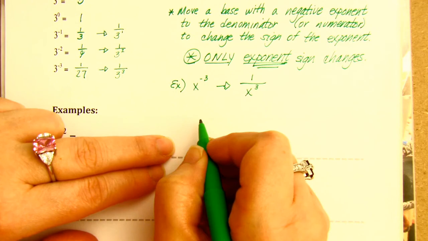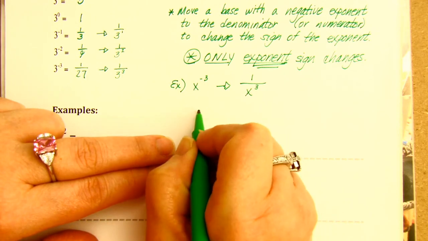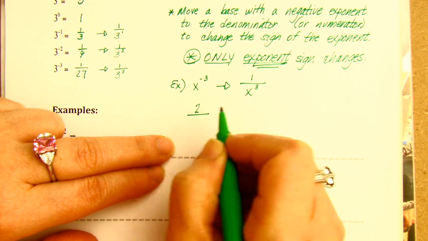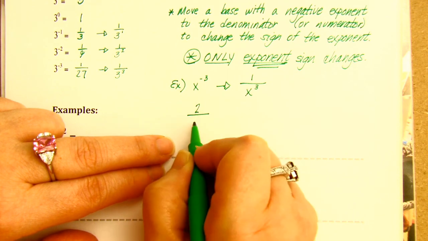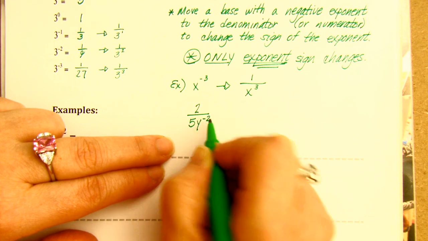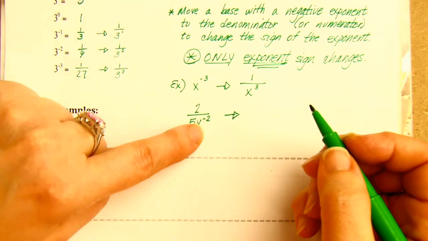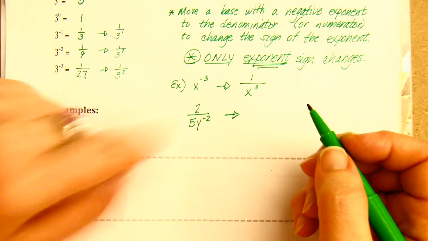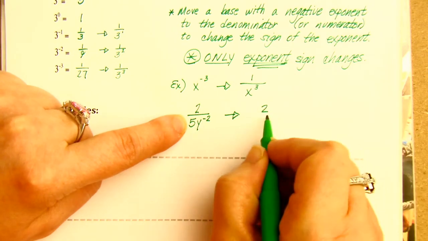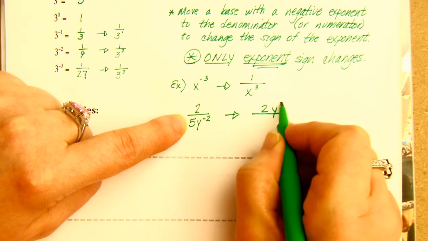If you had something like 2 over 5y to the negative 2, I'm going to take my negative exponent and move it up. 5 does not have a negative exponent, so it stays in the bottom. This becomes 2y squared over 5.